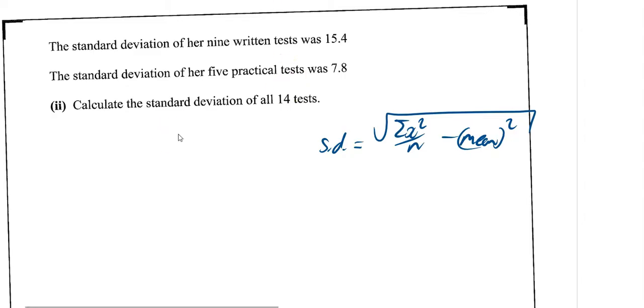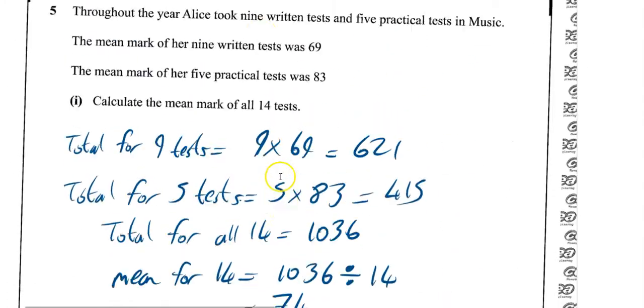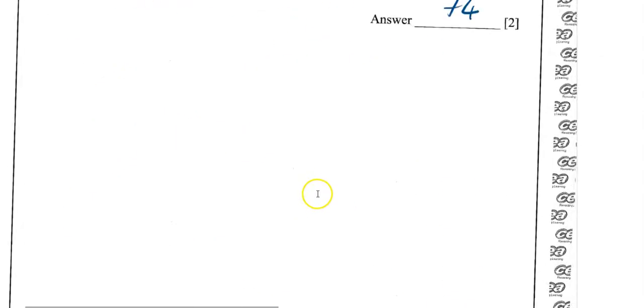So for the 9 tests, your standard deviation is 15.4, and it works out to be sigma x squared over n, and n is 9 because there's 9 of them, minus my mean. And what was my mean for my 9 tests? It tells you the mean for the 9 tests was 69.